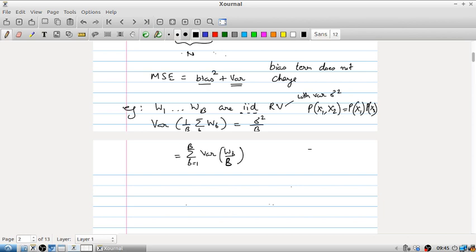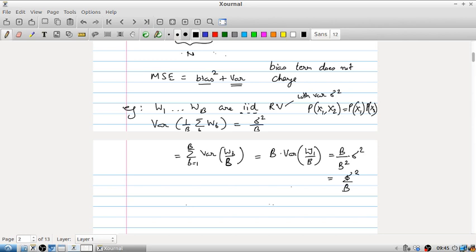If they are independent, you can split it this way, and each one is identically distributed, so the summation has B terms. So it's B times the variance of w1 divided by B, and that is B times 1 by B square times sigma square. Because if you have a constant multiplier on a random variable, you square it and then take the variance of the random variable itself. So that's why you get sigma square by B.